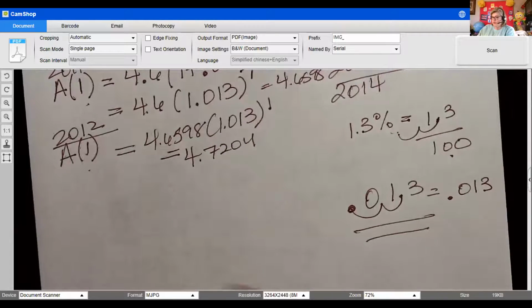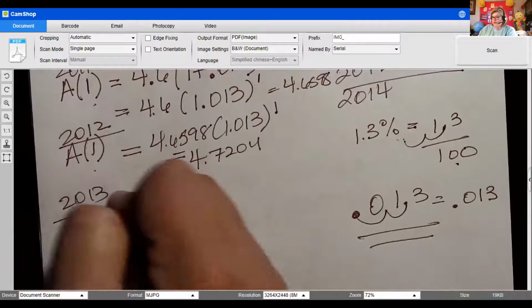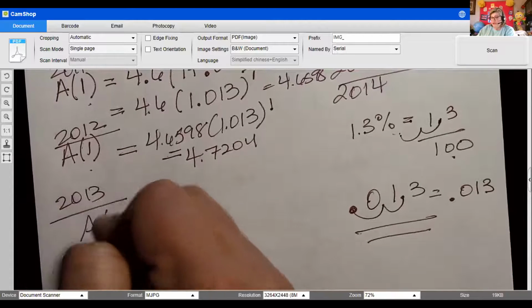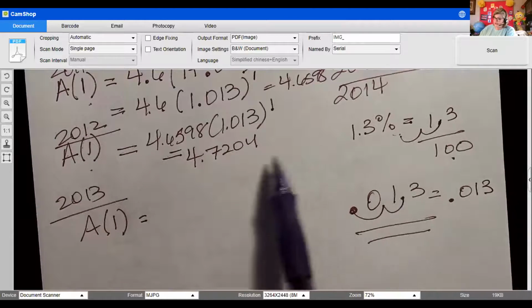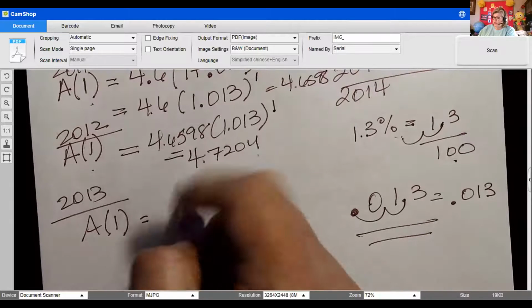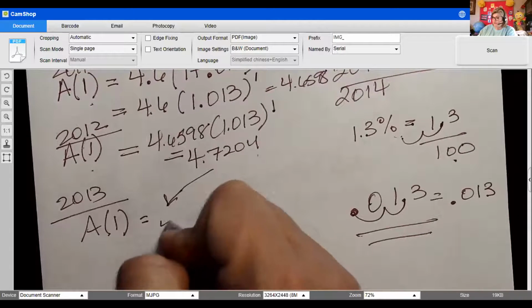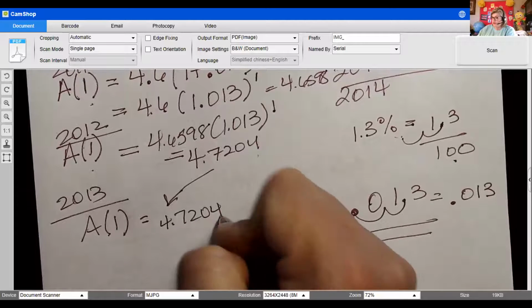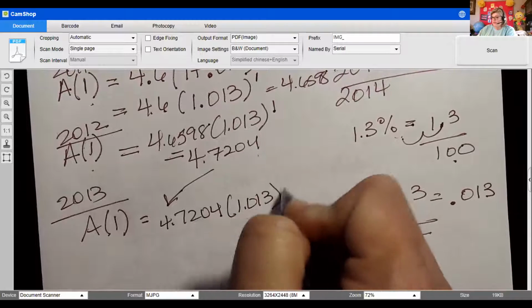4.7204. Now we're going to look at 2013, which is one more year into the future, and we're going to use this amount for our initial starting amount, 4.7204 times 1.013 raised to the 1.